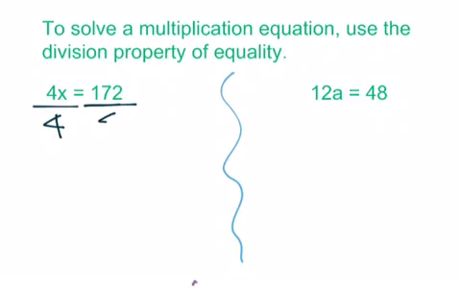Get my marker to work. Okay. So x is going to equal 172 divided by 4. I'm just going to whip out my little calculator here, we'll do it super fast.